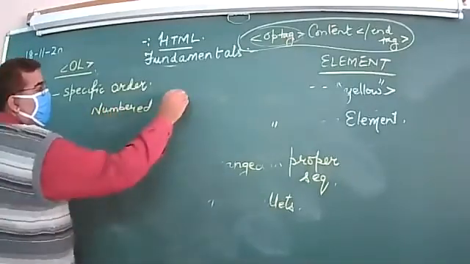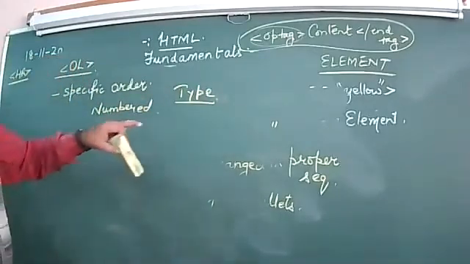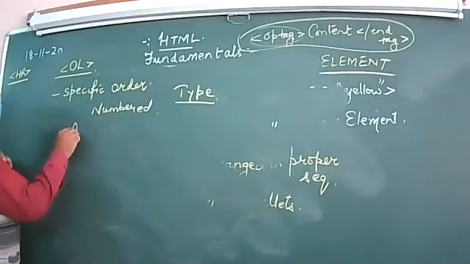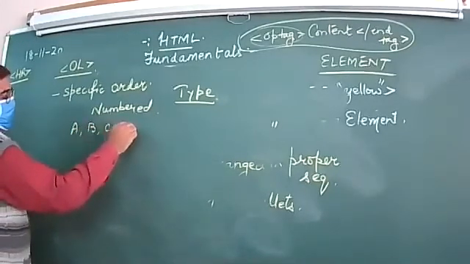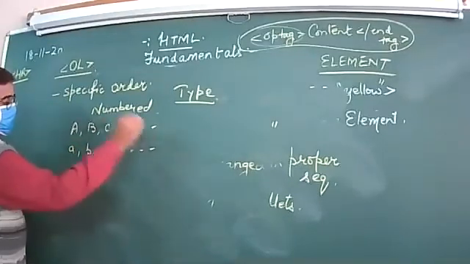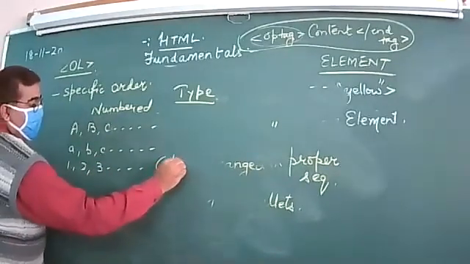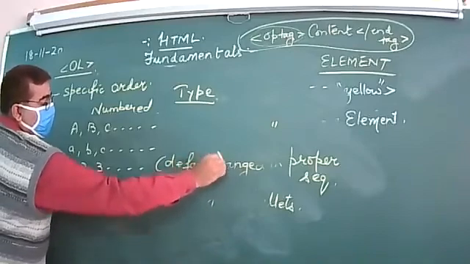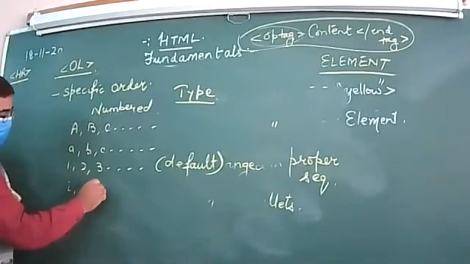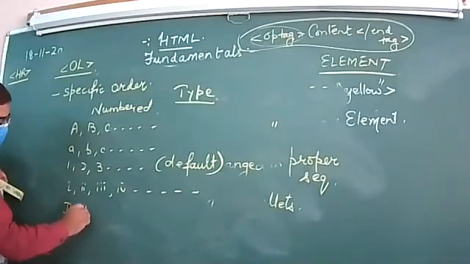Now it also has the type attribute, but the type attribute in the case of ordered list contains different types of values: capital ABC, small ABC, 1, 2, 3, which is the default value, small Roman, and last, capital Roman.